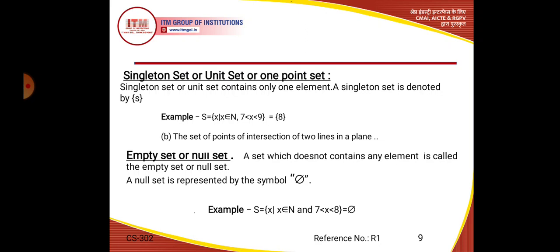Capital S = {x such that x belongs to N and x is greater than 7 and less than 8}. We know that it is impossible because there is no number which is greater than 7 and less than 8. So this is an impossible event. So in this case we get φ. This set does not contain any element.